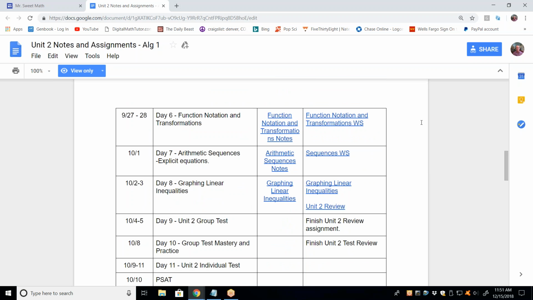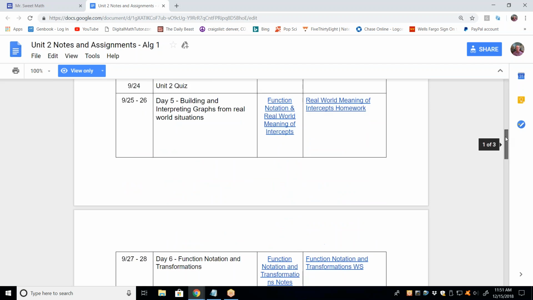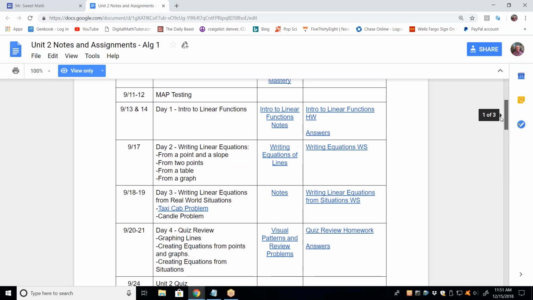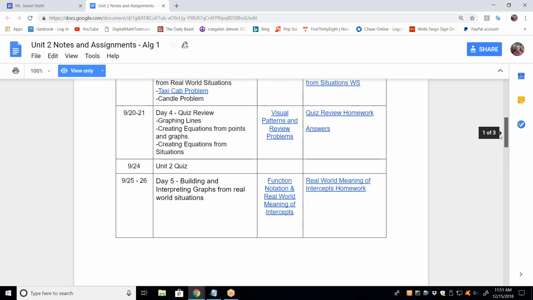That's a much bigger subject than 10 minutes. Or sequences, or graphing linear inequalities. We don't want to tackle those with just 10 minutes to go. Let's just test you a little bit on your algebra skill.